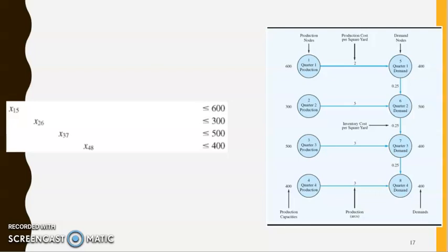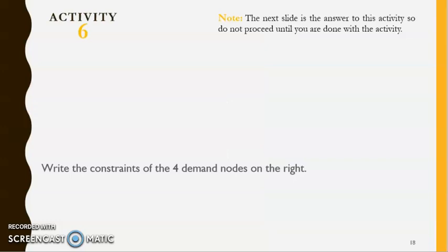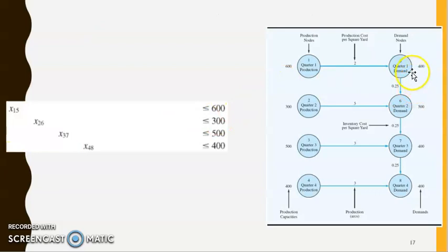Okay, after this set of constraints, let's go and write the constraints with the demand nodes that we have that are on the right. And remember, how many demand points do we have here? We have exactly 4 demand points for Q1, Q2, Q3, and Q4. But one point you need to consider for the first time is this fact that, for example, node 5 works as a demand point and also a transshipment node.